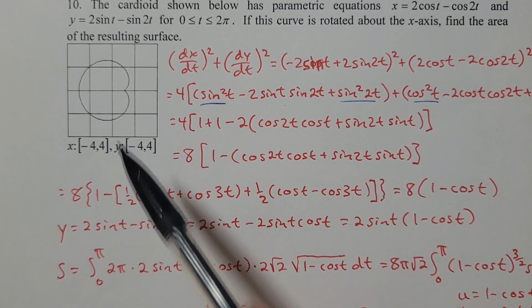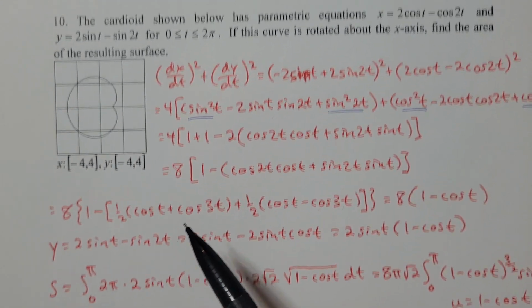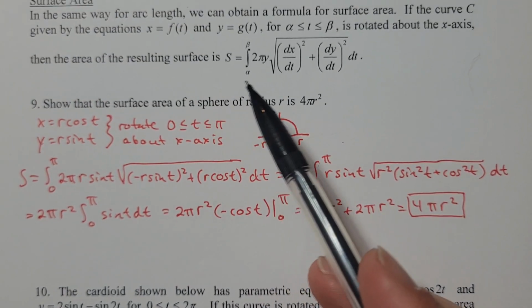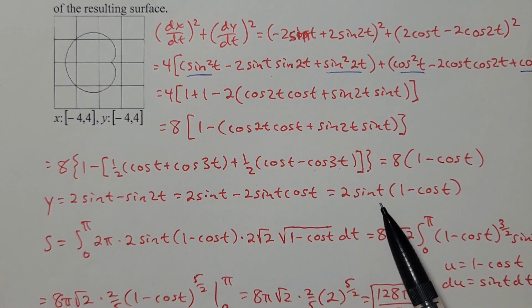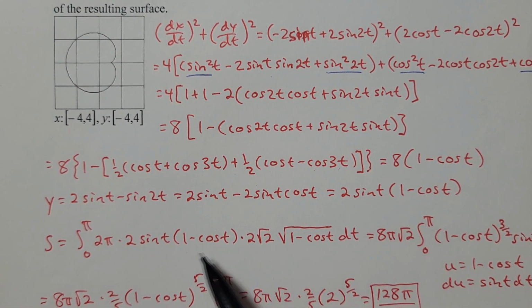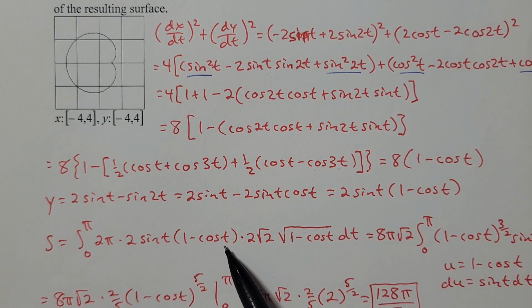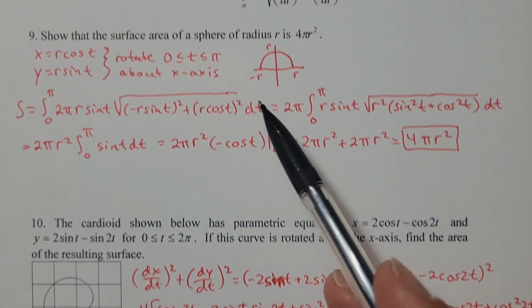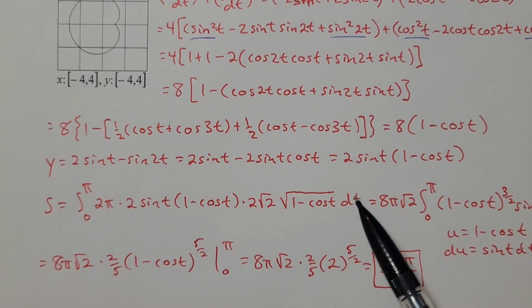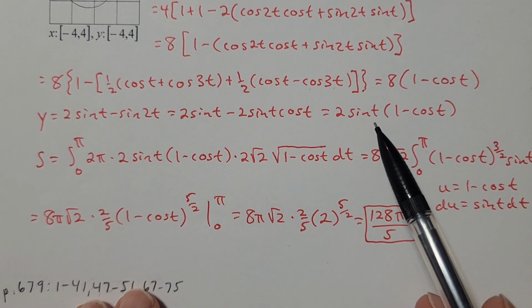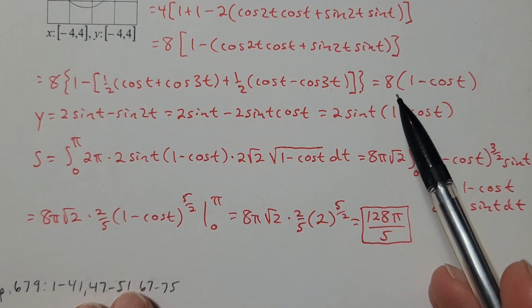Okay, so I'm going 0 to pi, and then inside the integral, I'm going to have 2 pi times y. y is 2 sine t times 1 minus cosine t, that's there. And then times the square root of dx dt squared plus dy dt squared, that is right here.